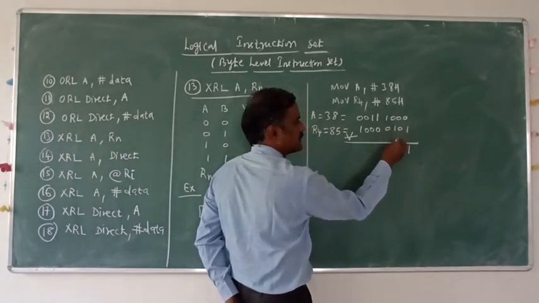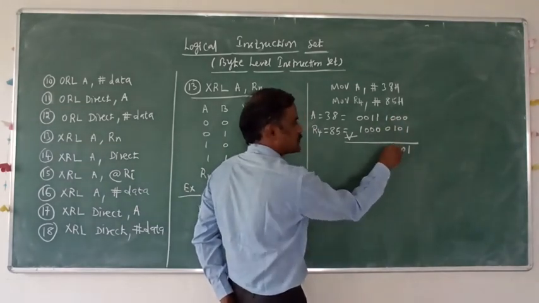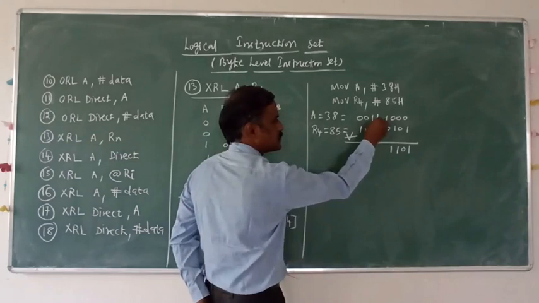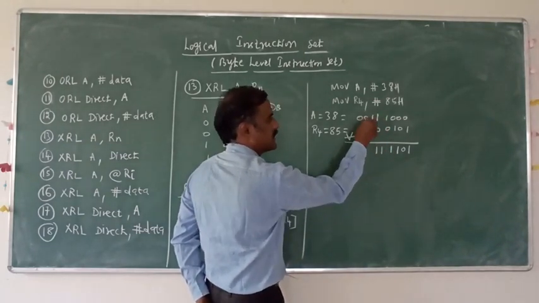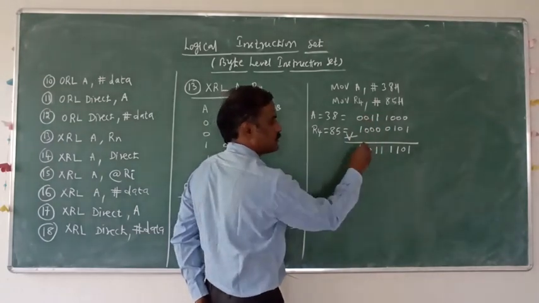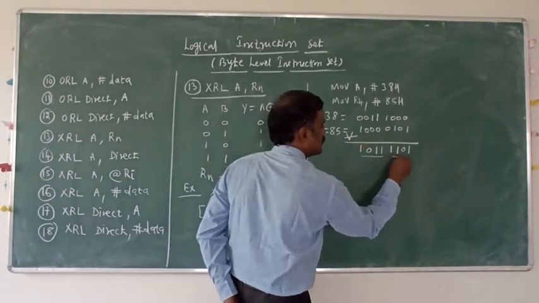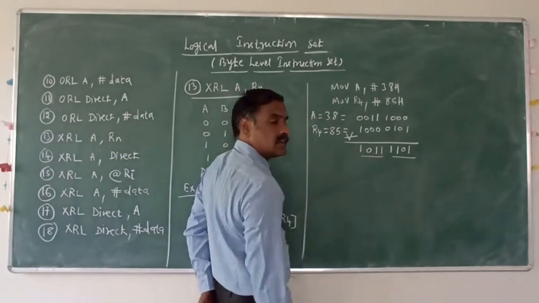Here 0 and 1, different inputs mean 1. Here different inputs 1, and this is also different inputs 1, and here different inputs. Here both inputs are the same, 0, and here different inputs 1. Now the result is 1011.